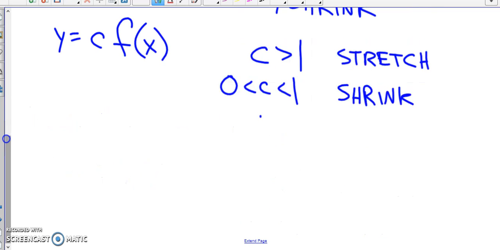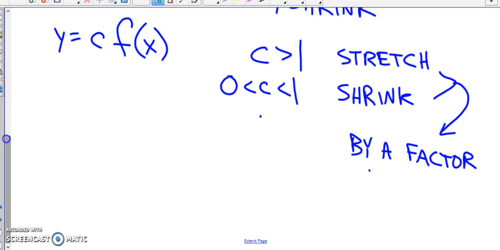And both of these would be by a factor of c. All right.